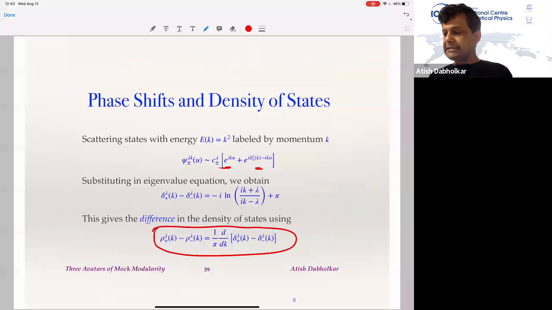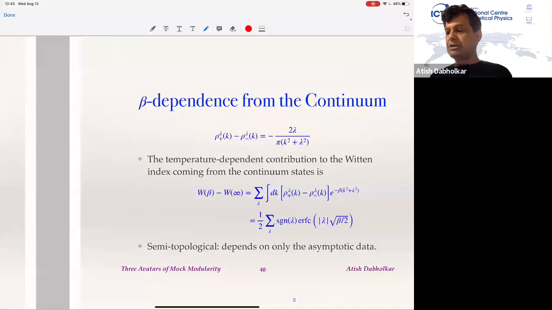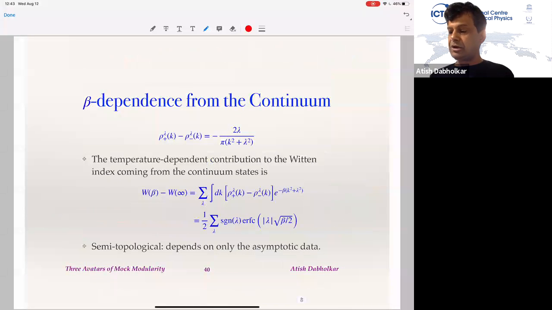In each lambda sector, you can work out the phase shifts, and then you sum over all of them. That's why you get this sum over lambda. So you're computing the Witten index on the theory X, but by using separation of variables, you can reduce it to an infinite number of supersymmetric quantum mechanics on just a single one-dimensional line, rather than on a four-dimensional manifold.